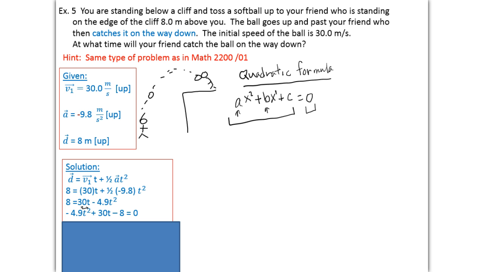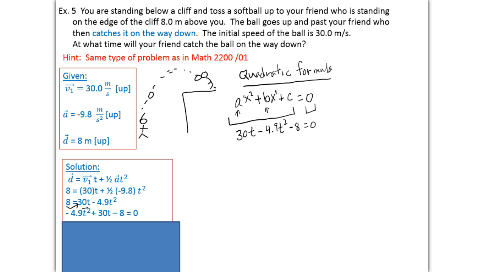I'm just going to bring the 8 over because that involves just moving one number, and I'm a little bit lazy right now. So if we leave everything here, we have 30t negative 4.9 t squared, and if we bring positive 8 across the equal sign, you guessed it, becomes negative 8.